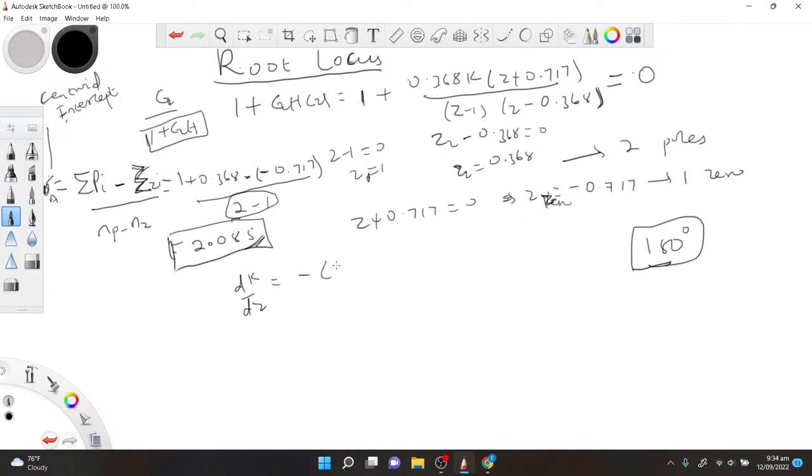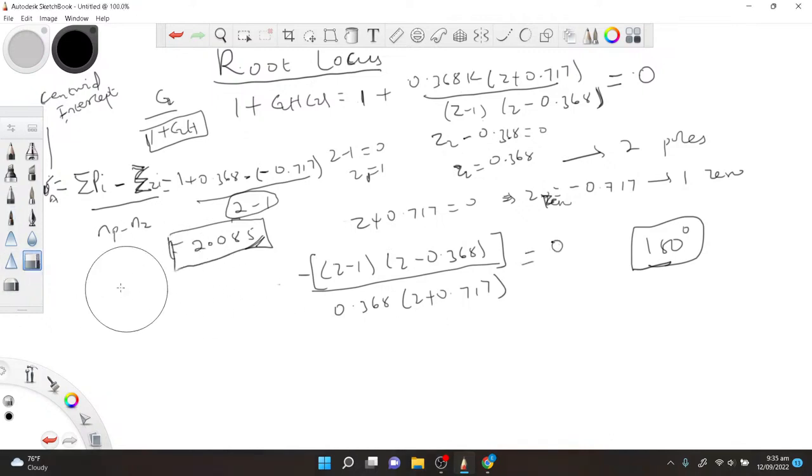So you have negative of the expression (z minus 1)(z minus 0.368) all over 0.368 times (z plus 0.717). This is k. Then you differentiate this and equate dk/dz to 0.